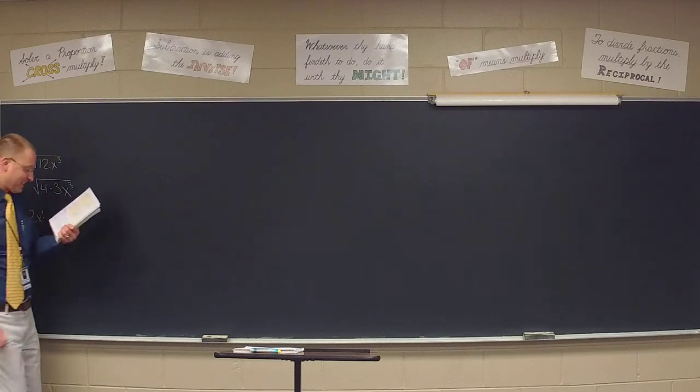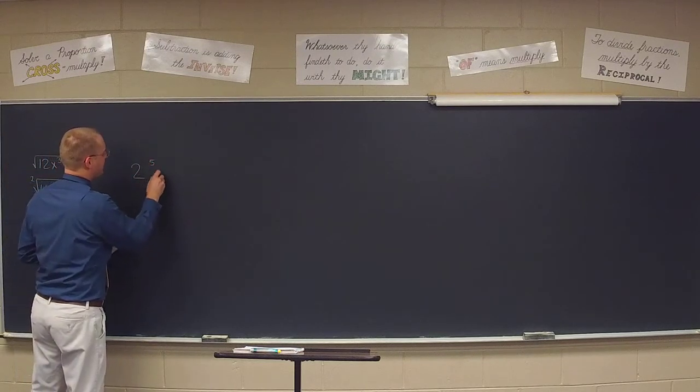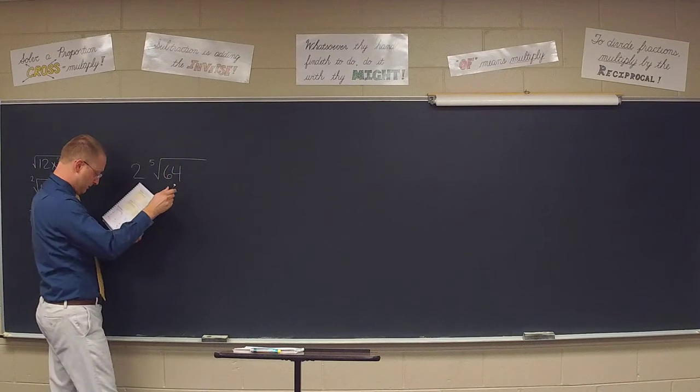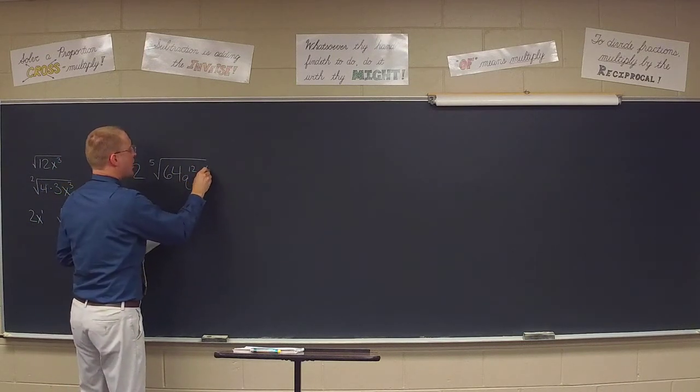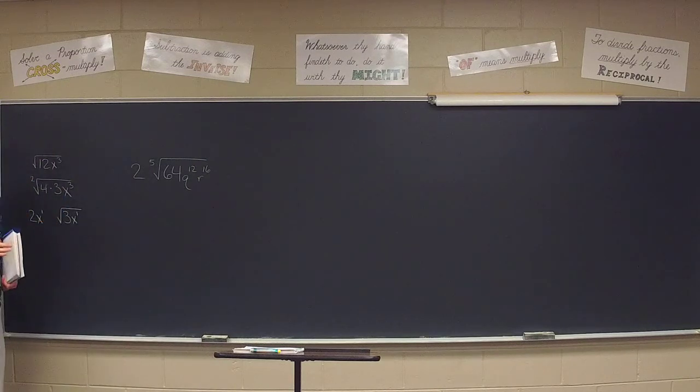All right, number 23, we had 2 times the 5th root of 64 q to the 12th r to the 16th. Now, Bracken, this is a 5th root. I don't have a big list of 5th roots that I've memorized, right? In fact, there's only one 5th root we have memorized.